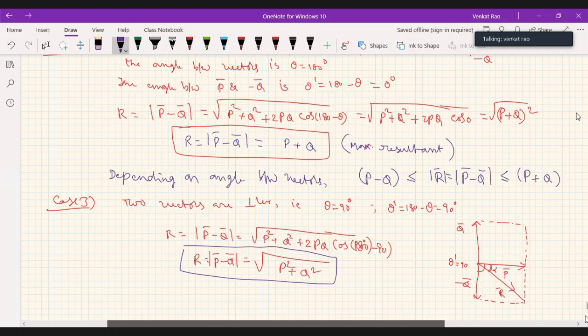Here one more thing, tan alpha equal to q by p. Just as in addition, we are doing everything in parallel, the only thing is theta is replaced with 180 minus theta, that's all.